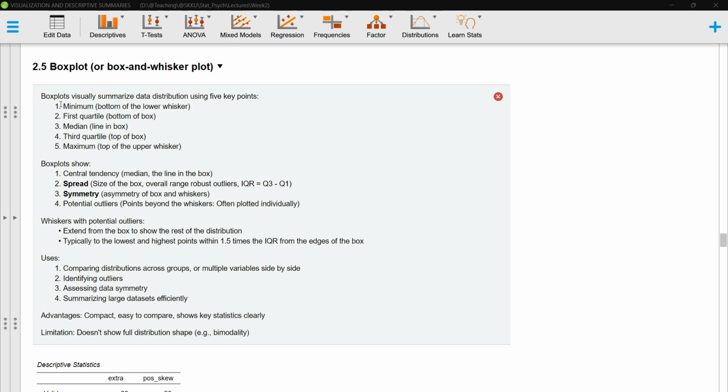So box plot is used for the comparison of distributions across groups or multiple variables side by side. This is a pretty simple type of distributional plot, and we can use simple box plots to compare many different distributions, across groups or across variables, side by side.